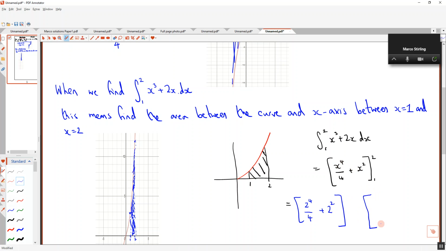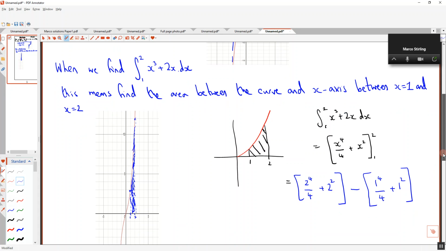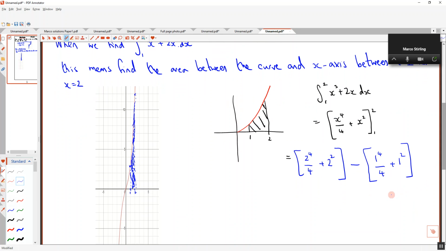Then I'm going to substitute the 1 in: 1 to the power of 4 over 4 plus 1 squared. And what you do is you subtract these from each other. These are 4, 8, 16.